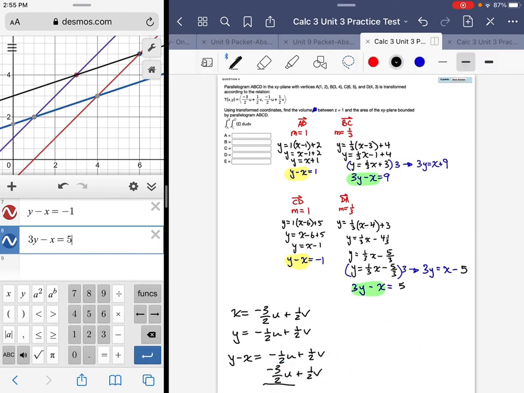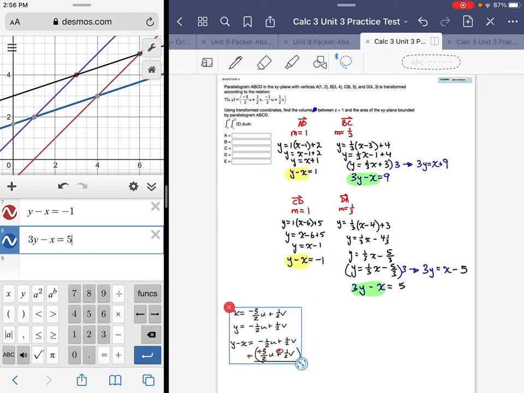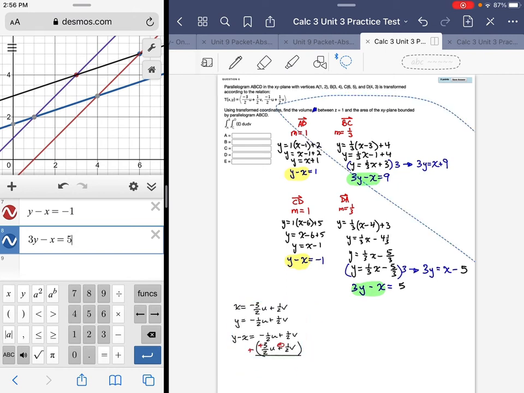Here's my x, and I'm subtracting. So if I subtract, I'm negating each part.